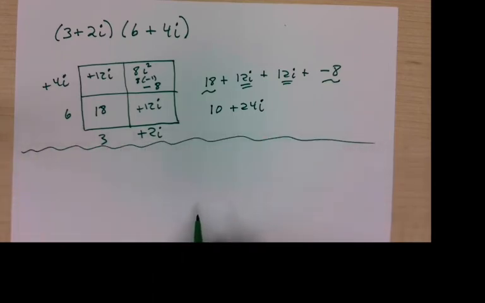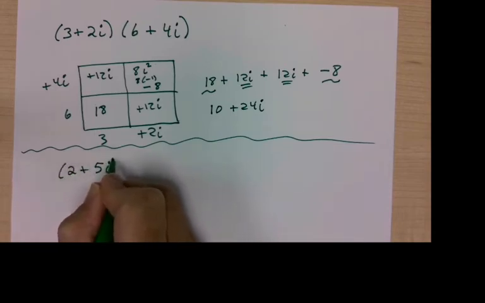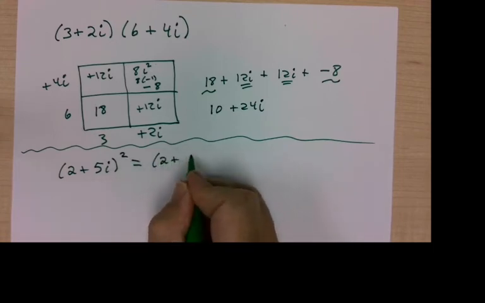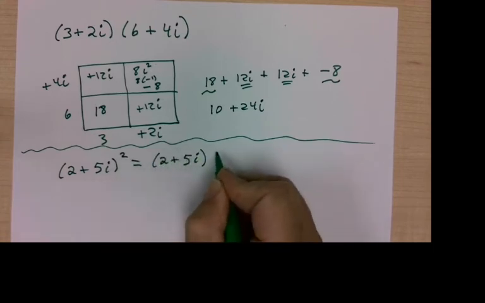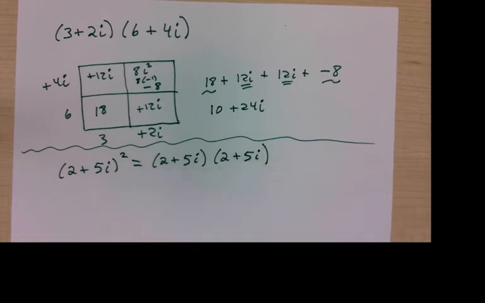So if I have 2 plus 5i quantity squared, that just means 2 plus 5i times 2 plus 5i. So be careful not to try to square each term individually. You need to make sure that you distribute correctly.